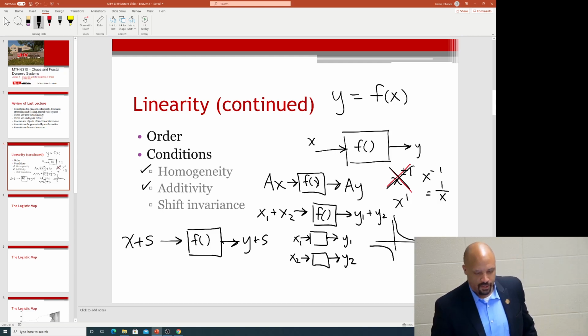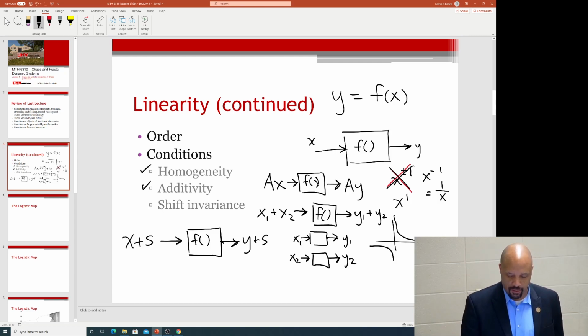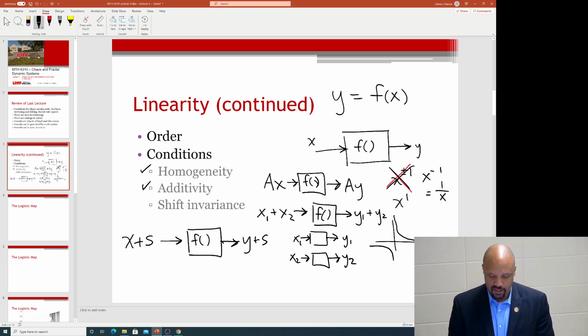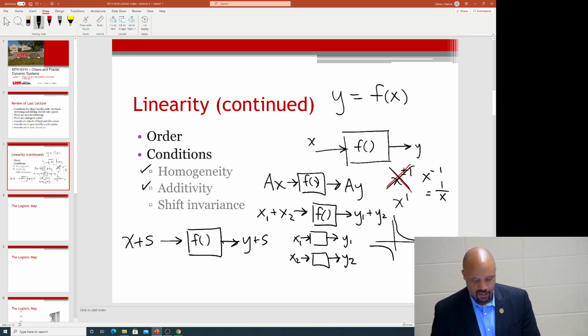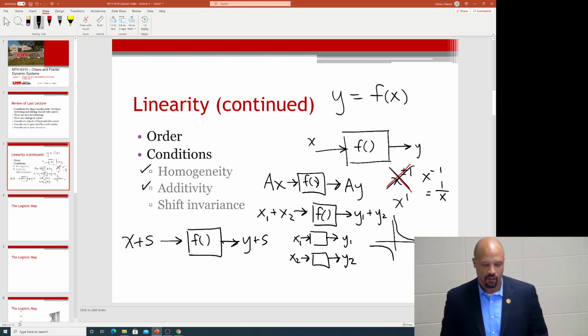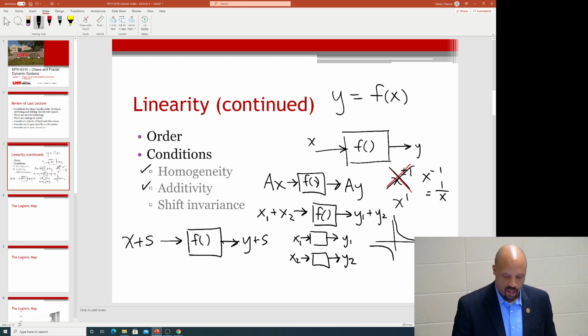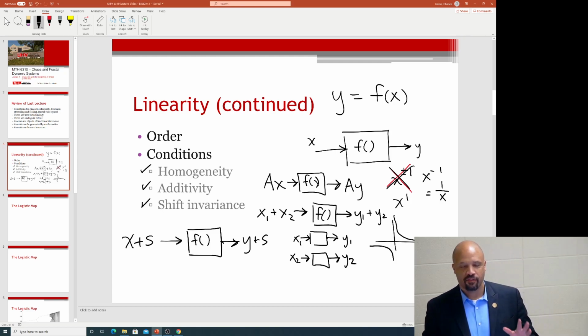So this implies a shift in the placement. Now this s is a constant, but this implies a shifting in position. That shifting in position should be evident in the output of the function itself. So this again is another condition of linearity.